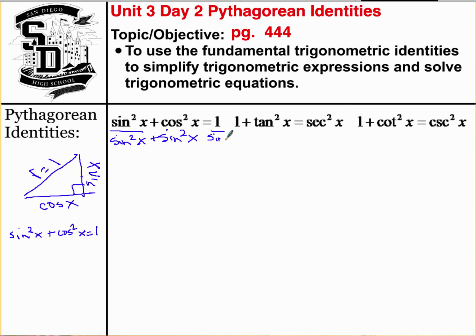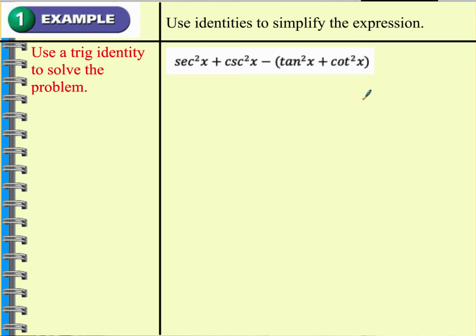Now, one thing that I have noticed that happens when we start to introduce the Pythagorean identities is because there's so many of them, plus all the other identities that you were given previously, it starts to become a question of which one do I use and how do I know when to use it. And that's kind of the beauty of the game. You are really just trying to get to a simpler expression.